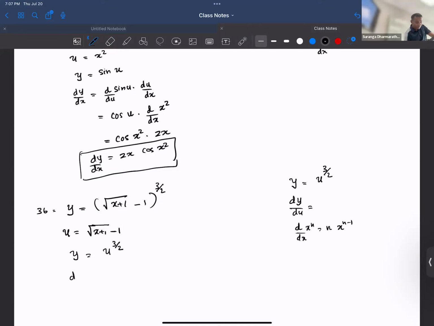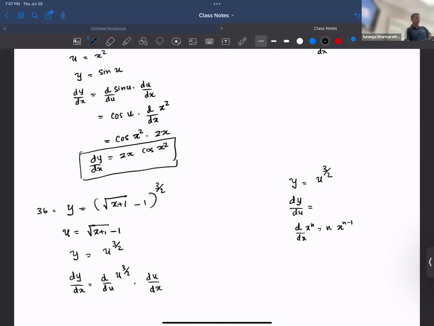Now I can find dy over dx, which is d over du of u to the power 3/2 times du over dx. Okay, du over dx. See this? This du should always cancel to du. Did you see that pattern? Right?